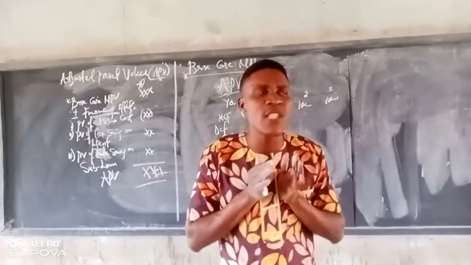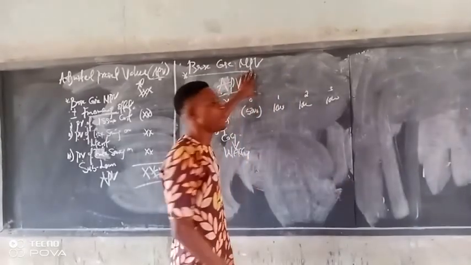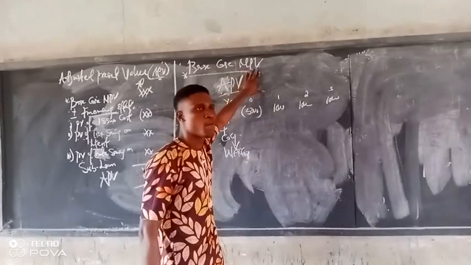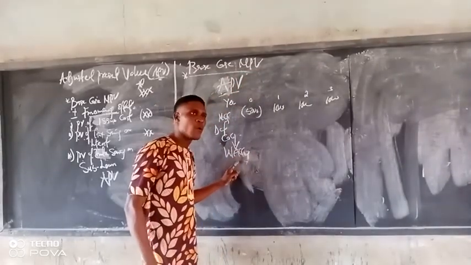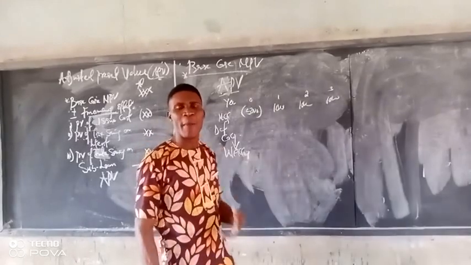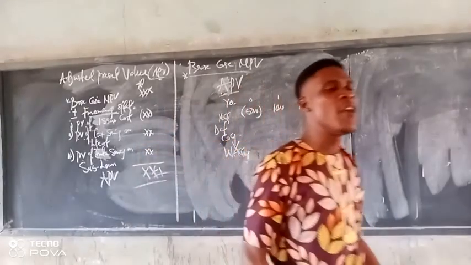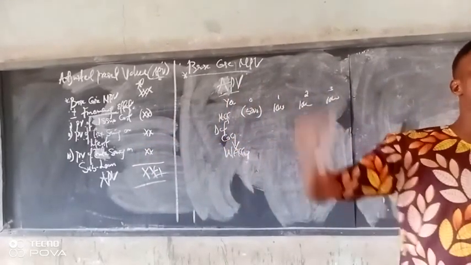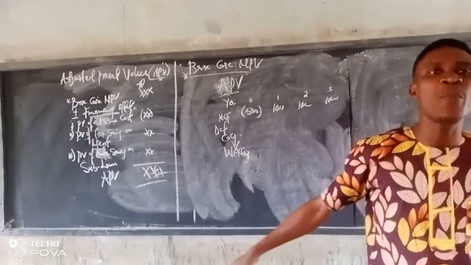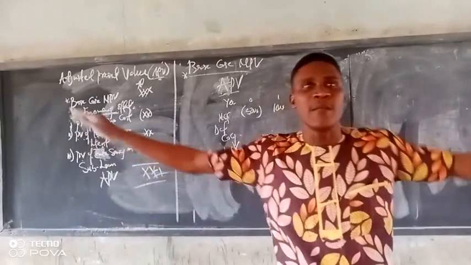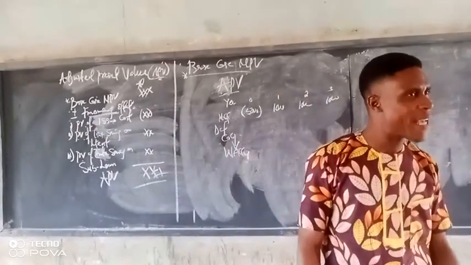But for the base case NPV, what must you use? Base case NPV is computed on the assumption that the company is financed entirely by equity. Should I say it again?